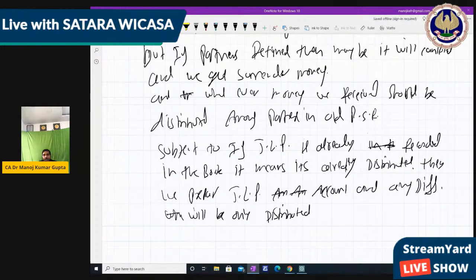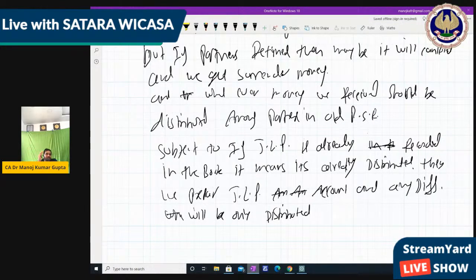It means if we already have a joint life policy account in the books, in this case we will make the joint life policy account and check how much is already distributed and how much is received. If we receive anything extra, that will be distributed now. If the same amount we receive is the same amount already recorded, in this case, no need to distribute anything, right?